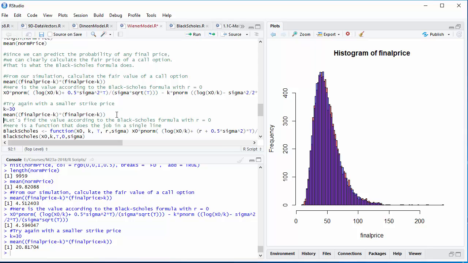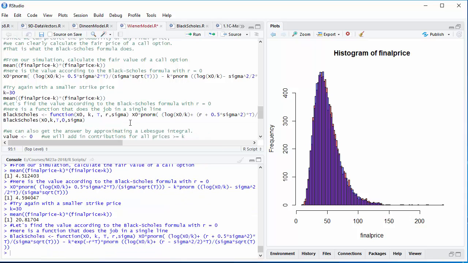But since we're going to be doing this a lot, and you'll want to do it in workshop problems and homework problems, what I've done is to design a function named Black-Scholes that takes price on day one, strike price, time till maturity, interest rate, and volatility, and calculates the fair market value of the option.